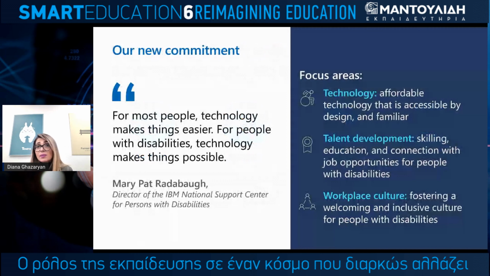The latest commitment from Microsoft was made 1.5 years ago when Microsoft really took the responsibility, saying, okay, we need to really embrace and help our partners to create assistive technologies. We need to help create and develop the talent and the workforce of the future.